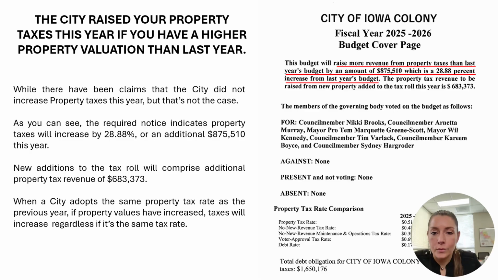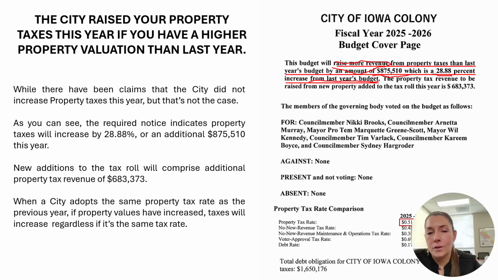And here we can see it says that $875,510 will be raised. Says raised. I'm not very good at drawing freehand, but anyway, that constitutes a 28.88% increase over last year's budget. So I just want to make that very clear.